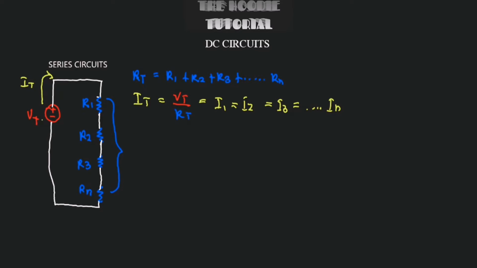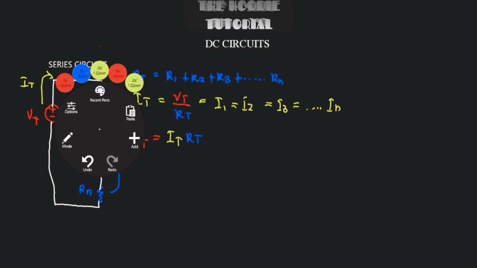So how about the voltage? How do we calculate the voltage? Voltage would equal, we just calculate that through Ohm's law when we have the total current, multiplied by the total resistance. Since we are in series circuits, there would be voltage drop across the resistors because of the resistor itself.